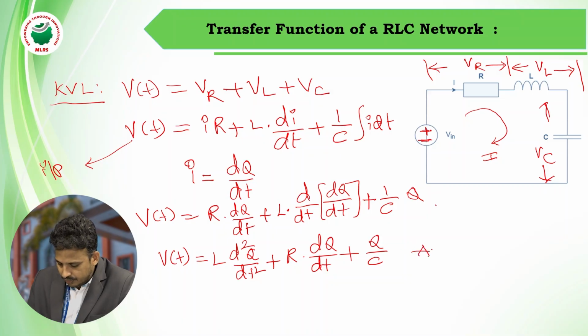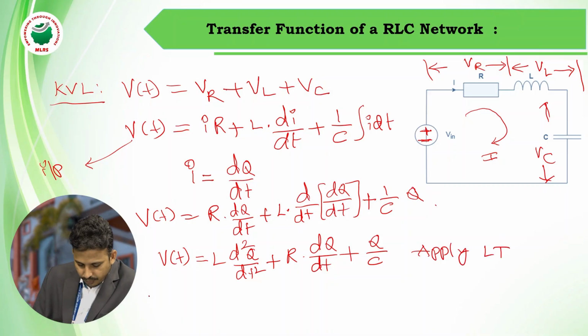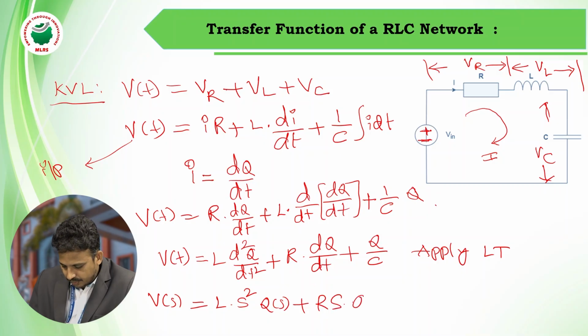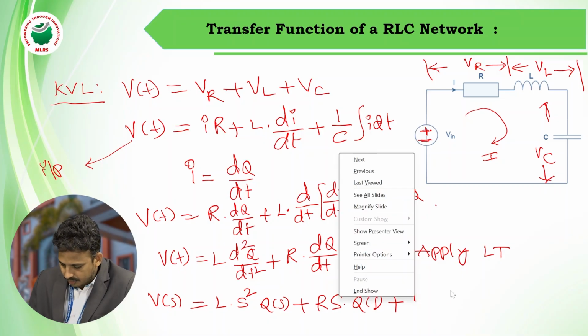After taking Laplace transform, V of s is equal to L into s square q of s plus R into s into q of s plus 1 by C q of s.